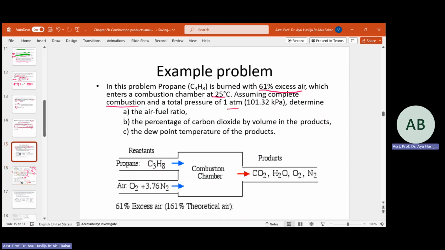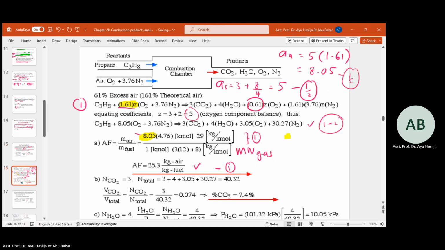Okay, second question, dia tanya pasal the percentage of CO2 by volume in the products. CO2 in the products. So we need to find the N total.